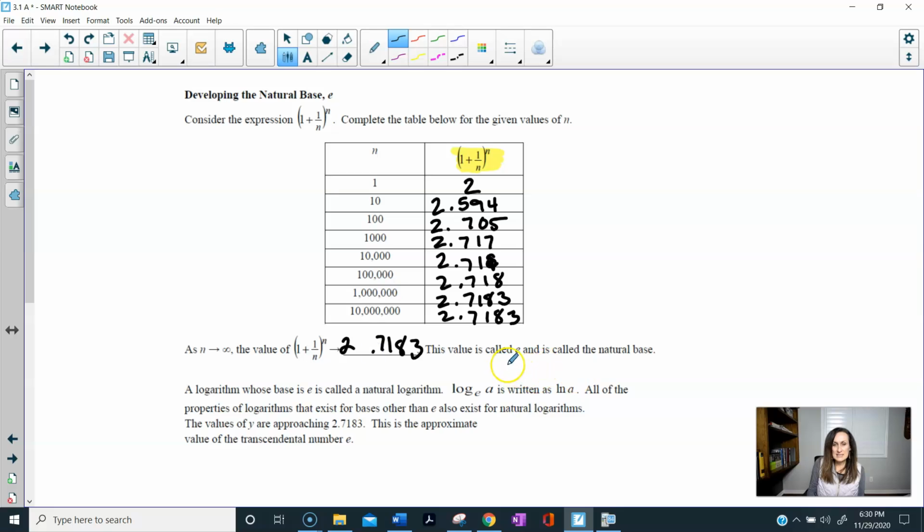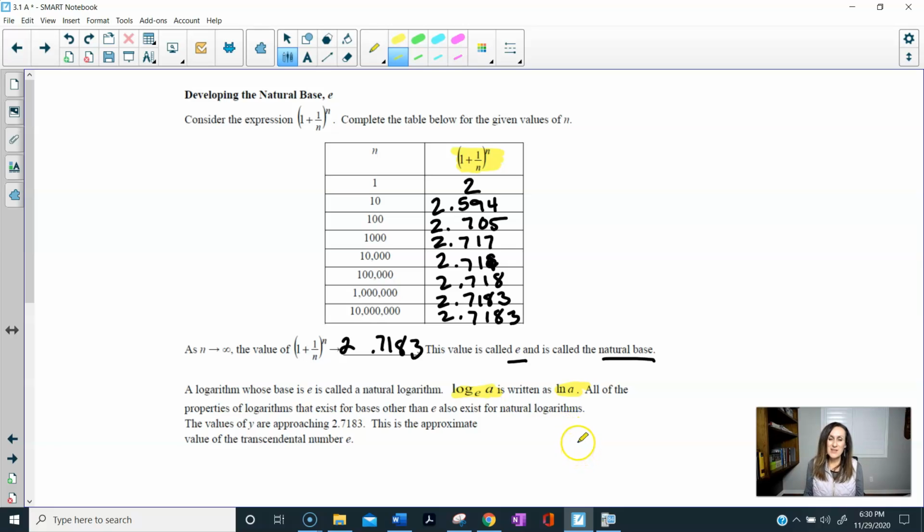And that is called e, the natural base. When we explore logarithms and we use base e for logarithms, we're going to write that as ln, the natural logarithm.